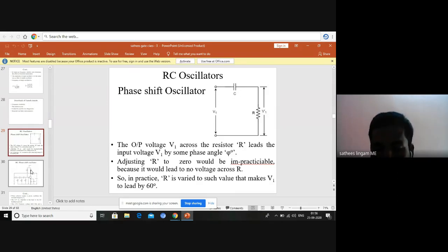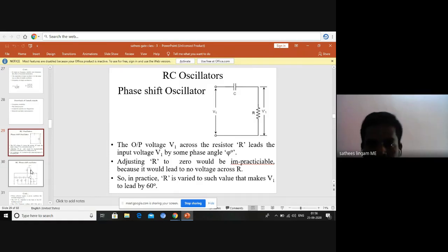The starting point of the waveform moves to 180 degrees. Then another 180-degree phase shift from the transistor moves it to 360 degrees, which is equal to zero. That is the thing we did previously.